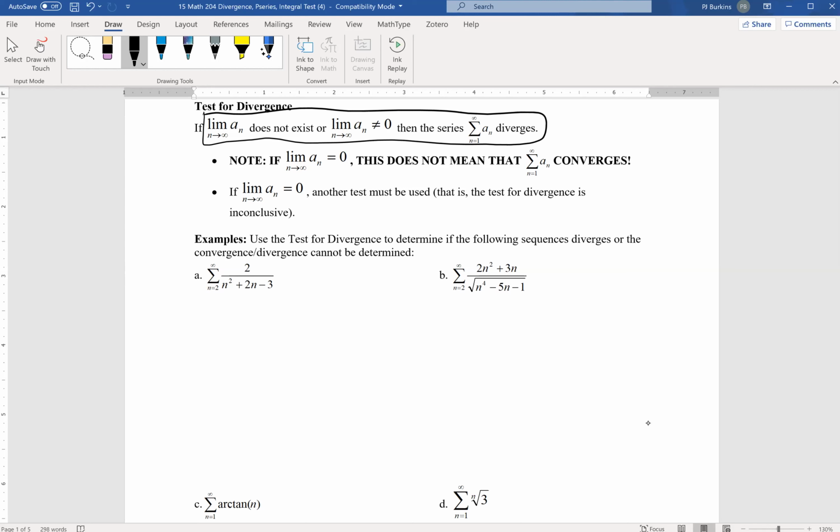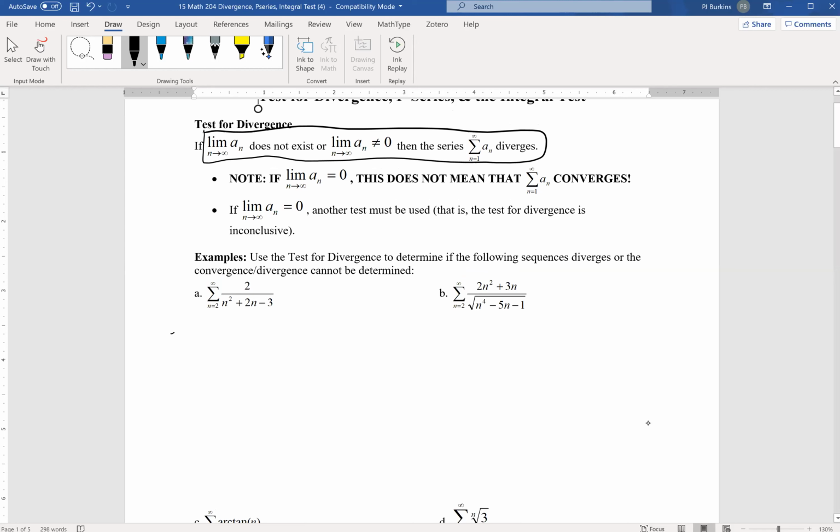So again, this one here, it's got a nice polynomial on the bottom. So your instinct might be originally to try telescoping. But let's see what happens if we use the test for divergence. So I want to take the limit as n approaches infinity of the sequence.